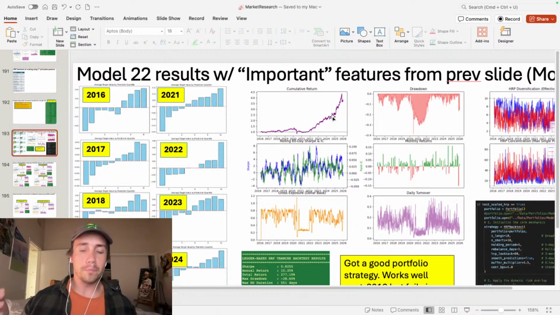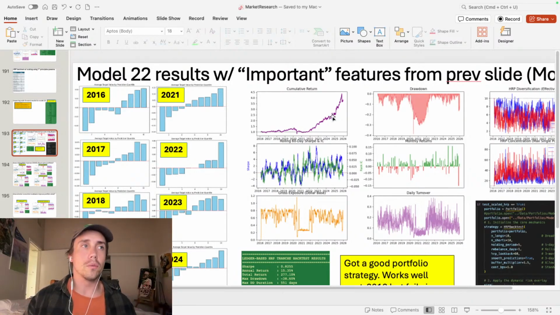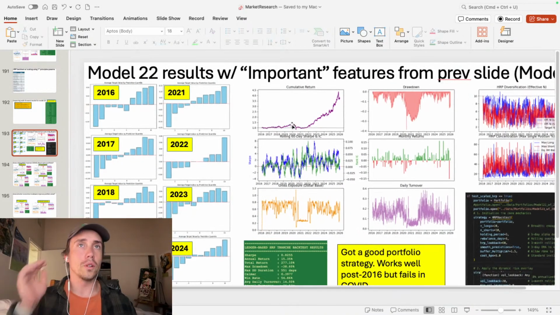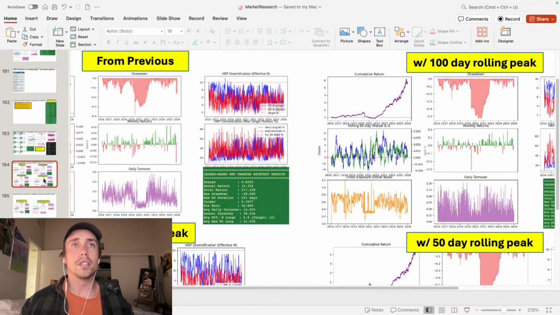And so now my problem has gone from before, where it does well on later times but not well on early times, or I can get it to do well on early times but it does poorly on later times. You see here that this is basically doing well on all times except the COVID recovery. And what's interesting is it is the recovery from COVID. So the COVID crash, it actually does really well, but then in the subsequent rally it does poorly.